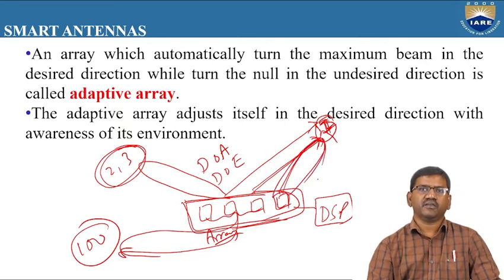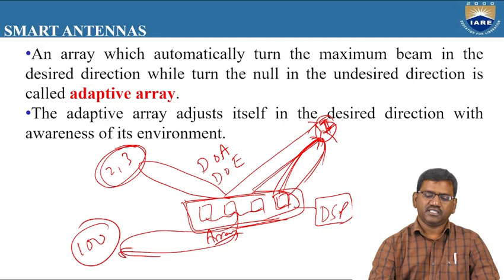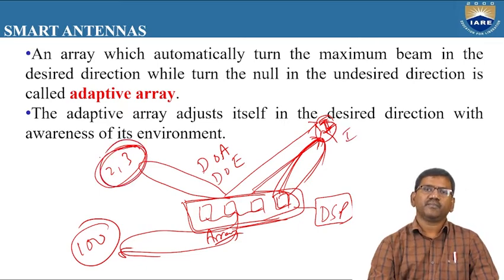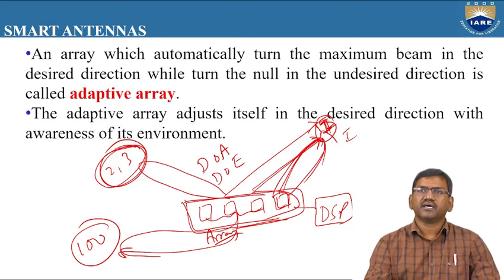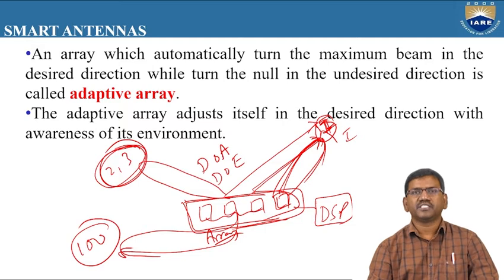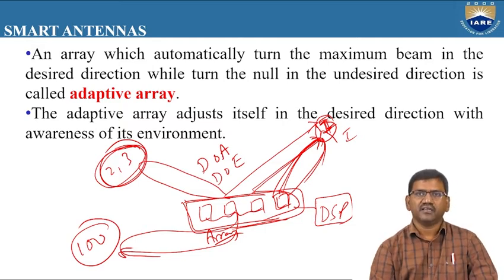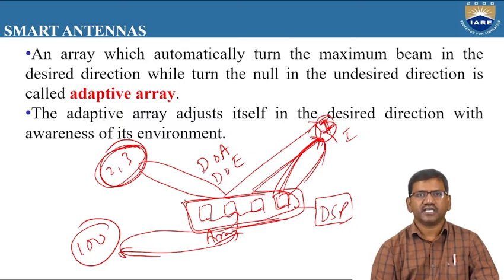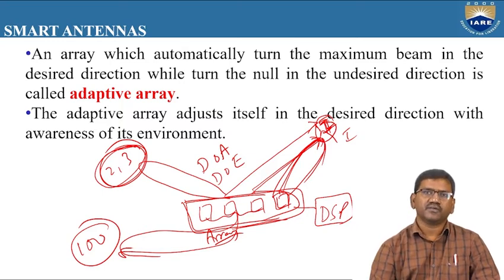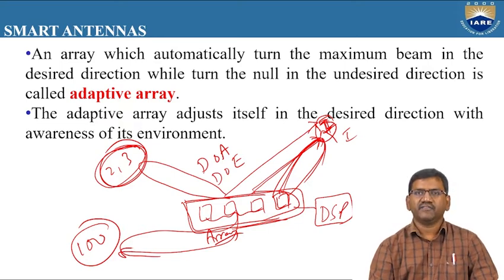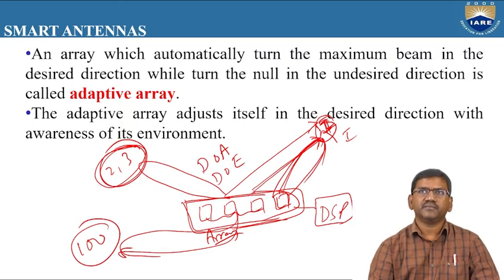So depending upon the requirement, here there are 100 users, here there is one user, and here there are only two users. Dynamically, these beams are generated by the array based upon the instructions of the DSP. The DSP will calculate how many users are coming from which direction, in which direction the radiation beam must be maximum, and in which direction it must be minimum.